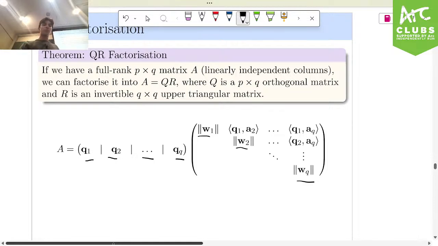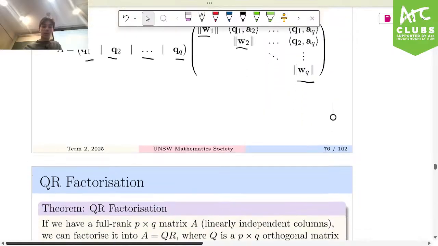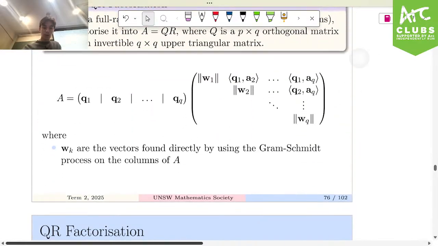So in order to perform a QR factorization, the idea is that you perform the Gram-Schmidt process on the columns of A, right? And we're going to see this in action shortly.